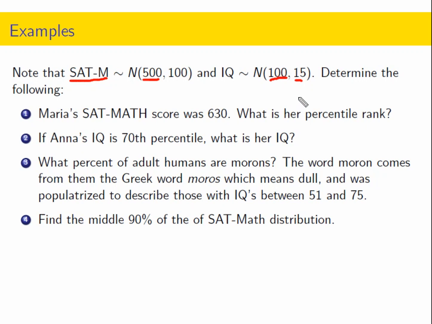So Maria's SAT math score was 630. What is her percentile rank? Okay, so when we are given a raw score and we're asked for a percentile or a probability, we're going to use z-test.